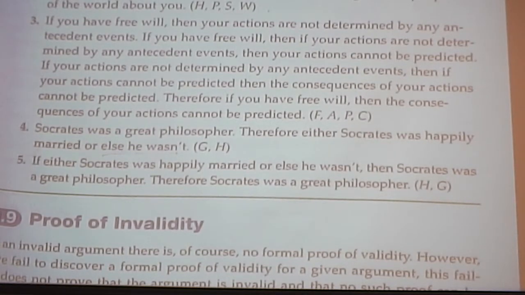Number 3 was really weird. I mean, if we have time. I thought that the second sentence of number 3 was confusing. If you have free will, then if your actions are not determined by any antecedent events, then your actions cannot be predicted. I guess the second then seems confusing, but it makes sense.